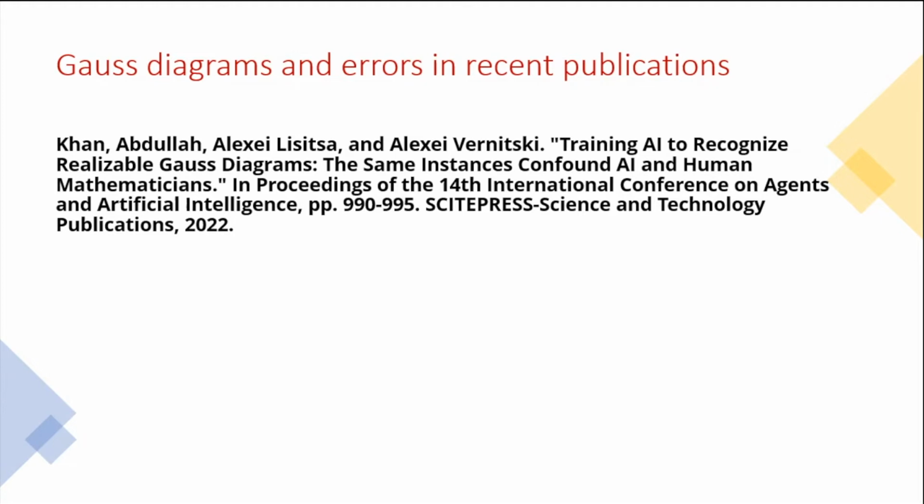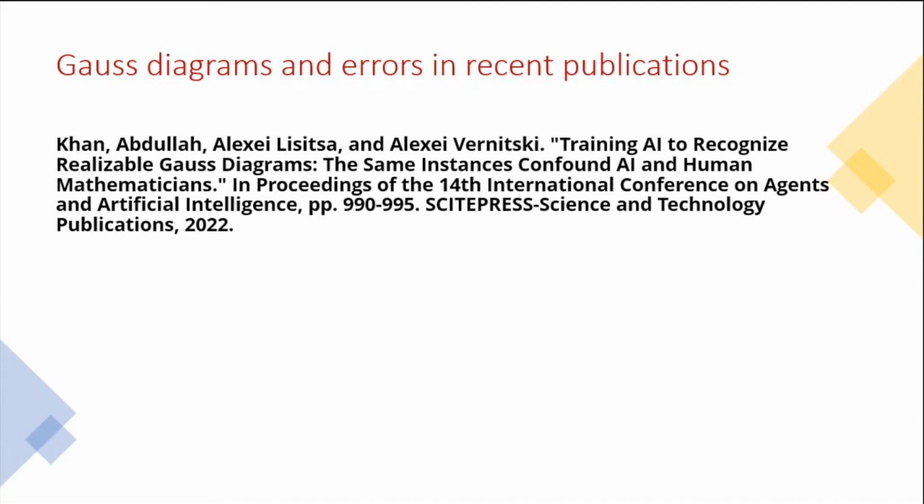At some point, we were doing research not in machine learning, but just in mathematics. There are certain diagrams in mathematics called Gauss diagrams. I will define them in a minute. And some of them have a property that they are called realizable.